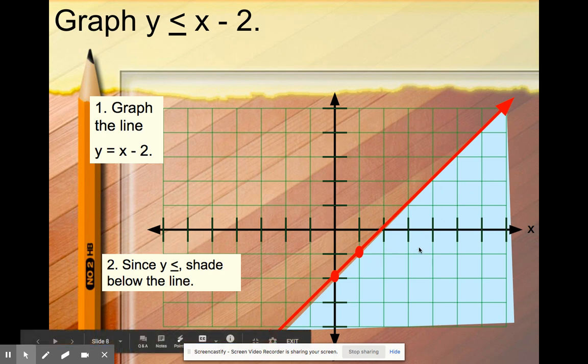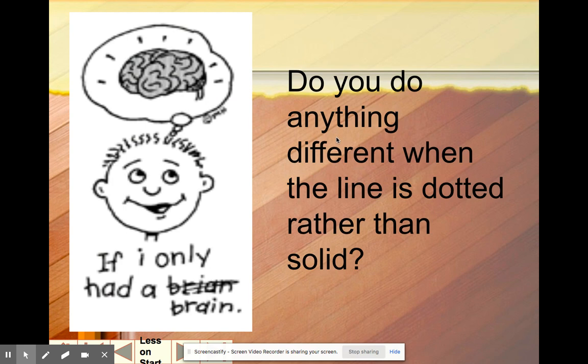Anything below this line would make this statement true. We can pick any of these points below this line and it will be a true statement for this inequality.